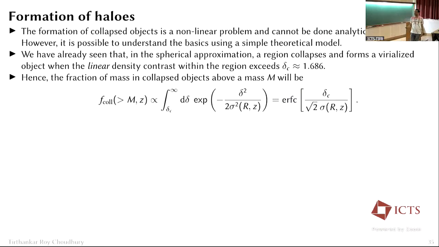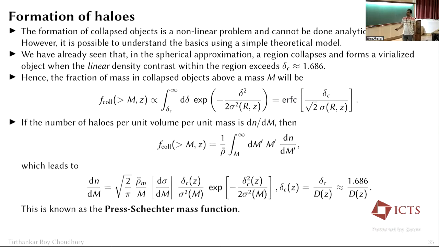But the essential idea is that the fraction of mass in collapsed halos will be the fraction of points that have density contrast above this critical value. That will be this integral where you have this Gaussian distribution, and if you integrate this, it becomes an error function, a complementary error function in this case, which is a function of delta critical.